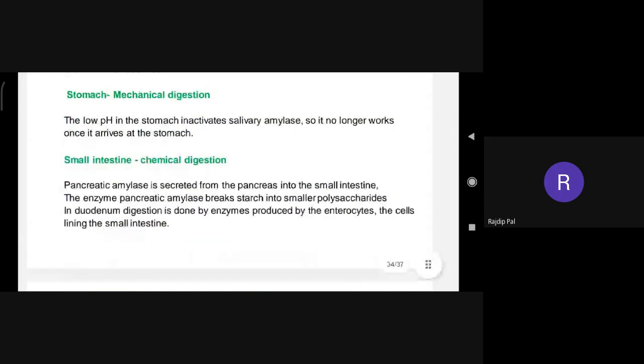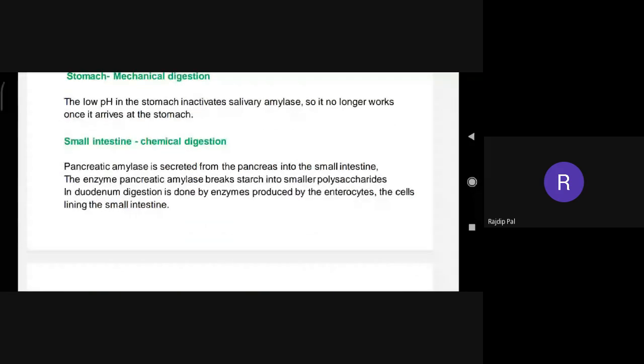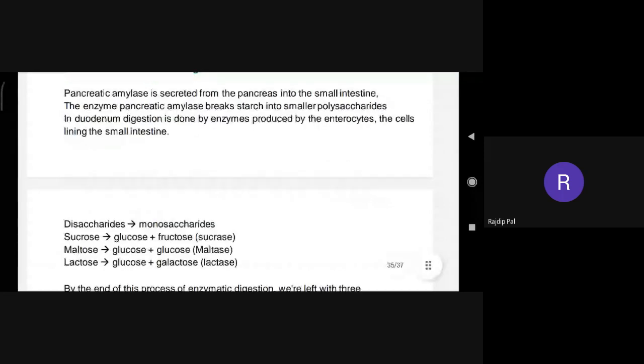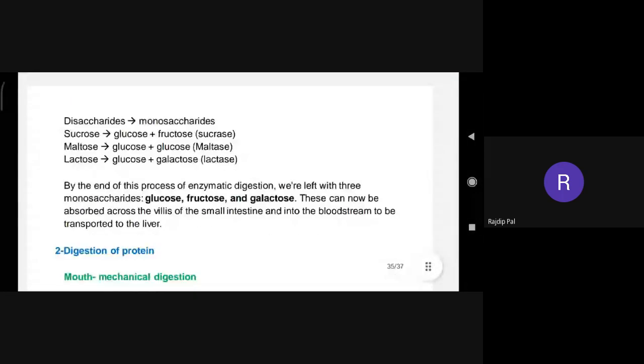Then when it reaches the small intestine, pancreatic amylase comes here and breaks down starch into smaller polysaccharides. In the duodenum, digestion is done by enzymes produced by enterocytes, meaning the lining of the small intestine. So here, polysaccharides are further divided into monosaccharides.